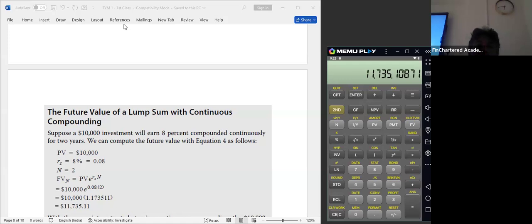Understood? Even if you try compounding every second and then do this question, you will still not get anything more than 11,735. Okay, so that is about continuous compounding.